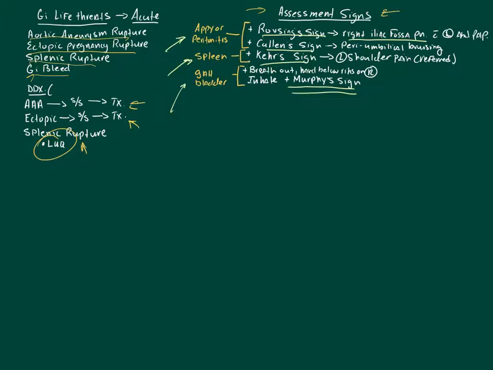And then there's another sign which is not abdominal specific, but it is something known as Gray-Turner sign. Does anyone know what Gray-Turner sign is? Gray-Turner sign is bruising along the flank, which is also known as the costovertebral angle, or the CVA. CVA bruising. And where would that be?